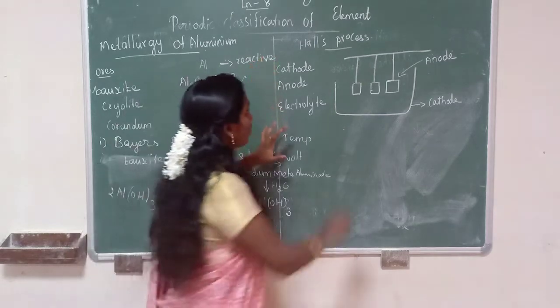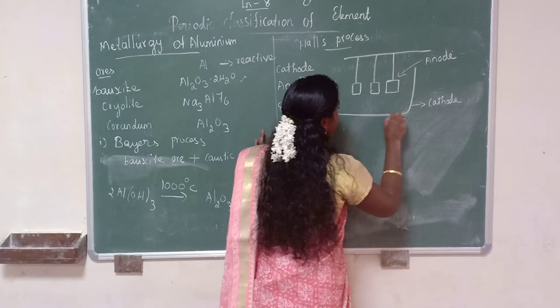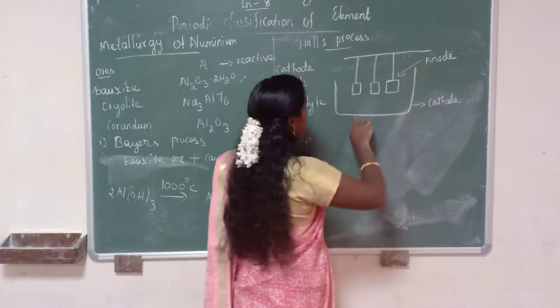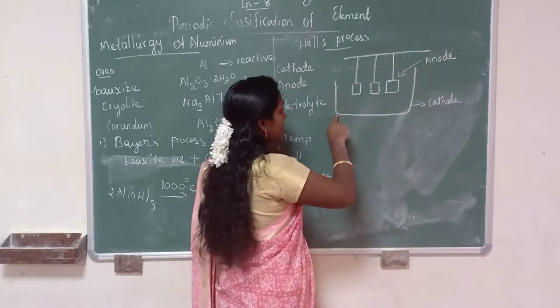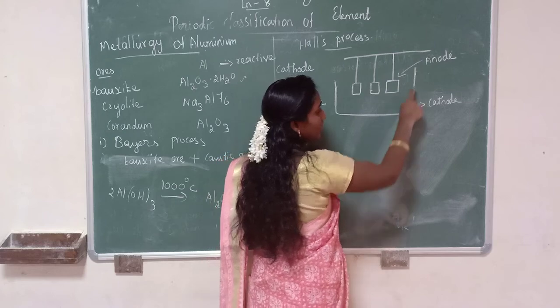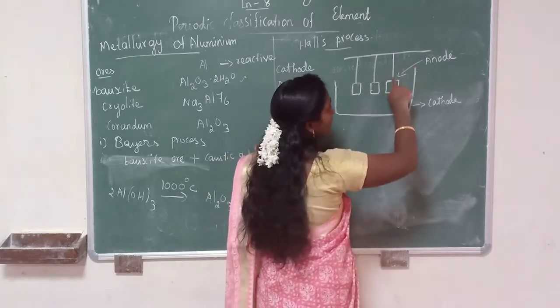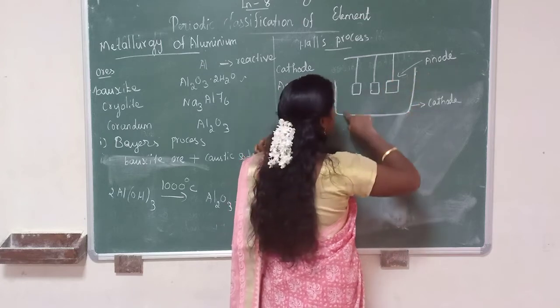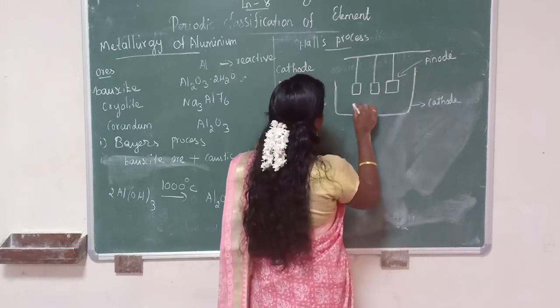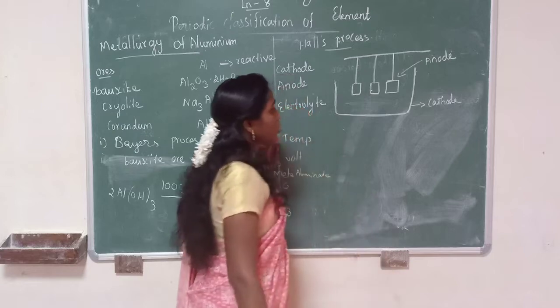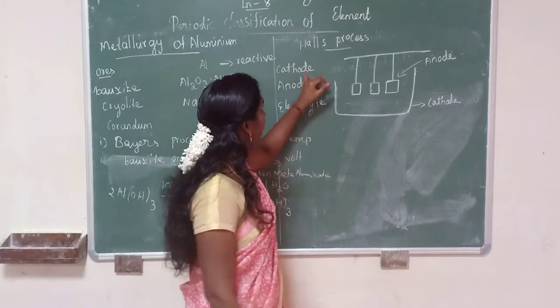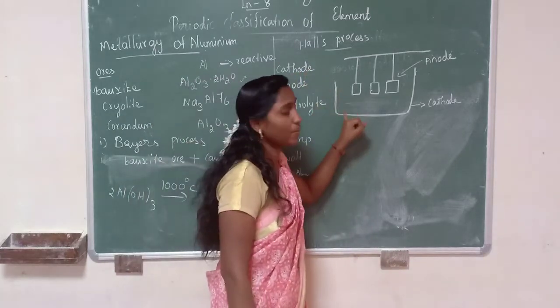Okay, see, this is the electrolytic cell. So this electrolytic cell contains 3 components. This tank is taken as cathode, and this rod is taken as anode. So cathode, anode, and electrolyte in between. Here the cathode is made up of iron.